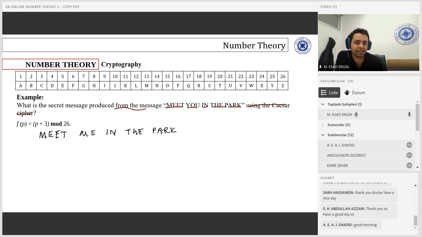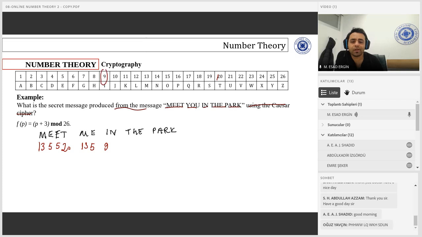So, for example, what is the number of M in our letters? M is 13. E is 5 and 5. What is T? T equals 20. What is M? M is 13, E is 5. I is 9. We are checking which letter has which number.